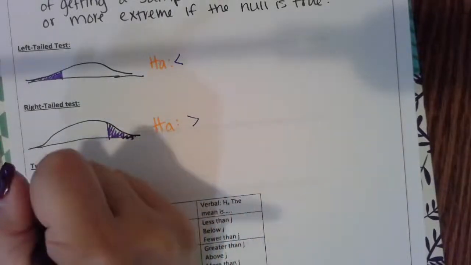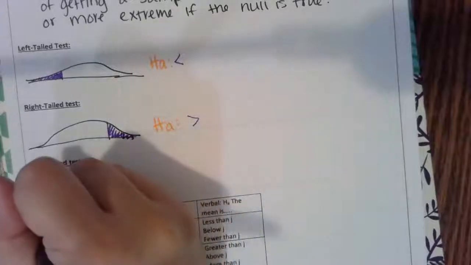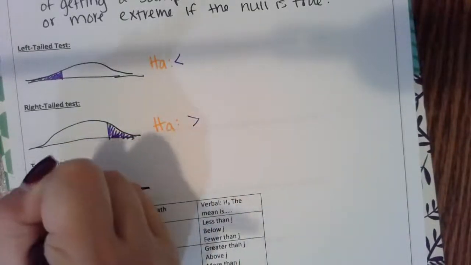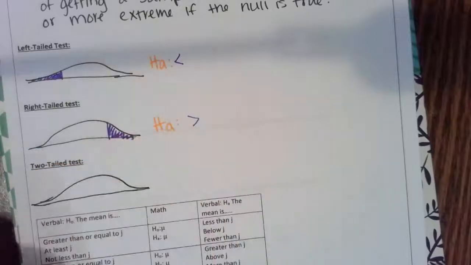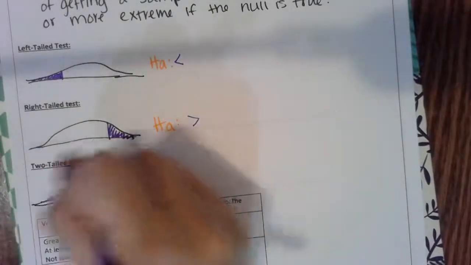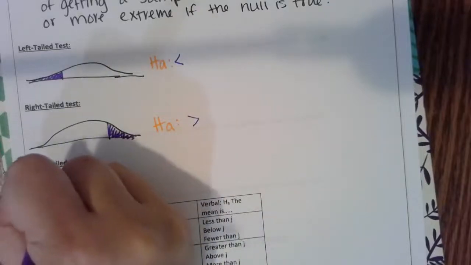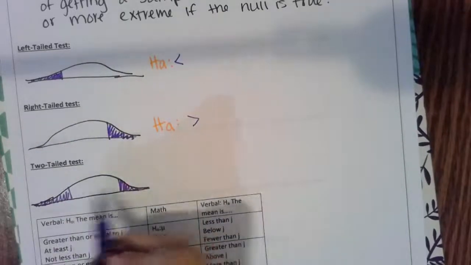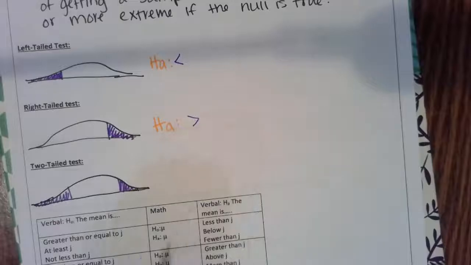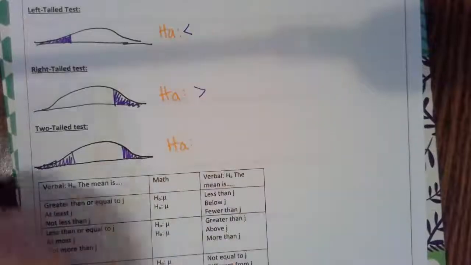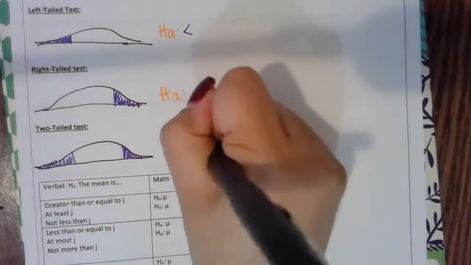And your two-tailed test, let's go with this again. It means you have two z-values, two critical values, and the inside isn't shaded, but the left side and the right side is shaded. This is going to occur when your alternative hypothesis has a not equal sign to it.